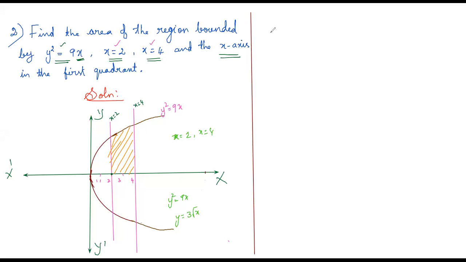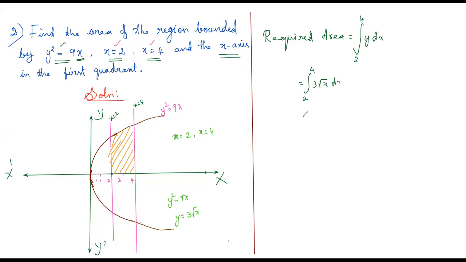So the required area is equal to the integral from 2 to 4 of y dx. So what did you get as y? That is equal to the integral from 2 to 4, and y is 3 root x into dx.